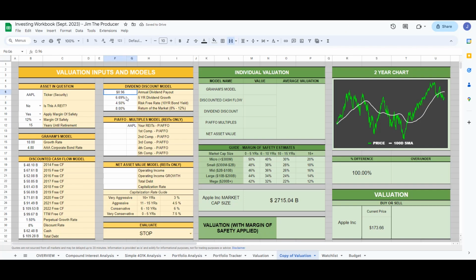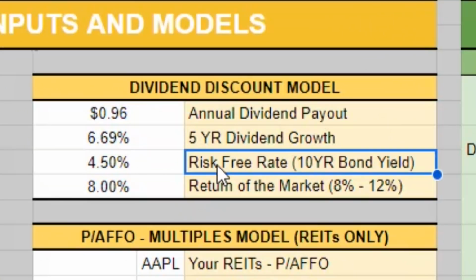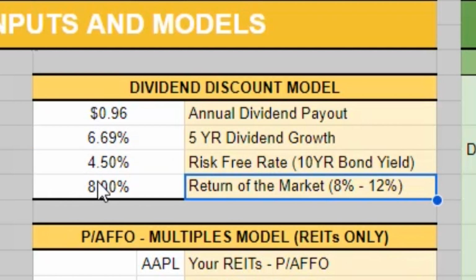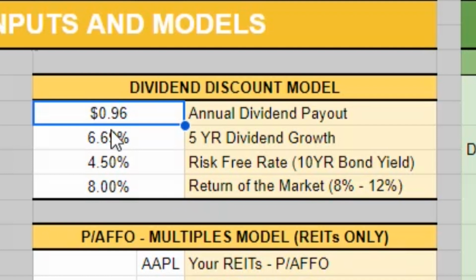Putting those numbers in the calculator for the dividend discount model, these two numbers here, the risk-free rate is typically the 10-year bond yield, and that's sitting around 4.5% right now. And the return of the market, typically I'm going to put 8% in here, but sometimes this dividend discount model, which is technically the Gordon growth model, if your 5-year dividend growth rate is higher than your return of the market, you can break this calculation.